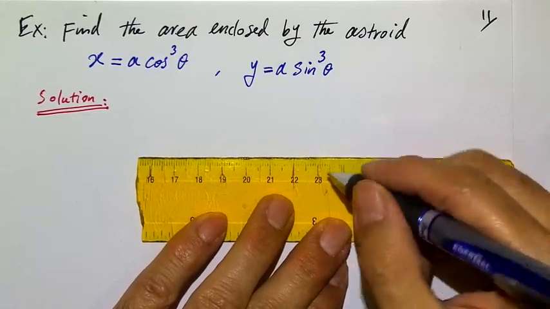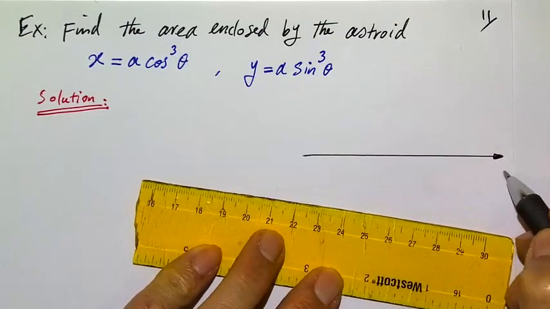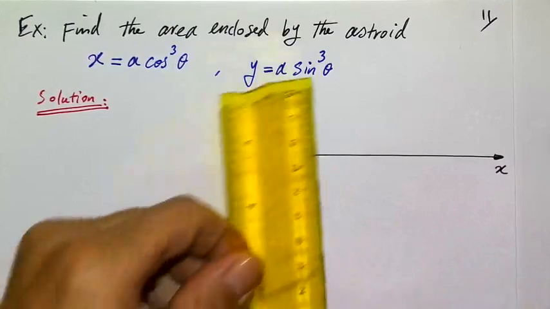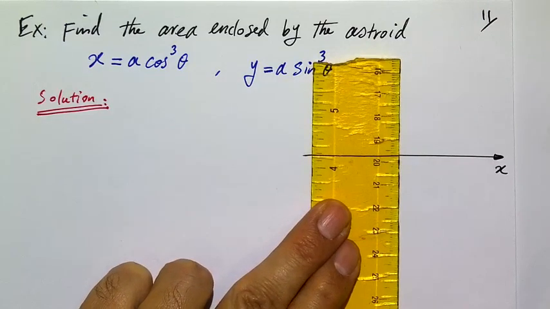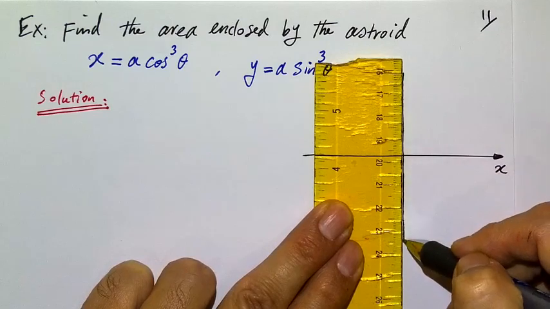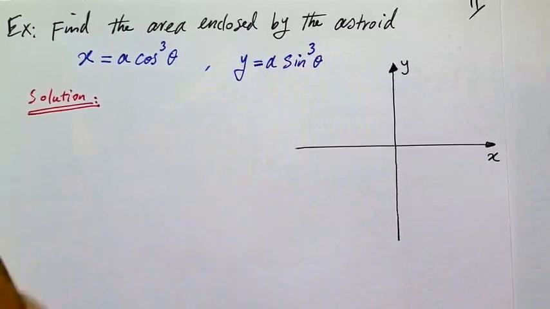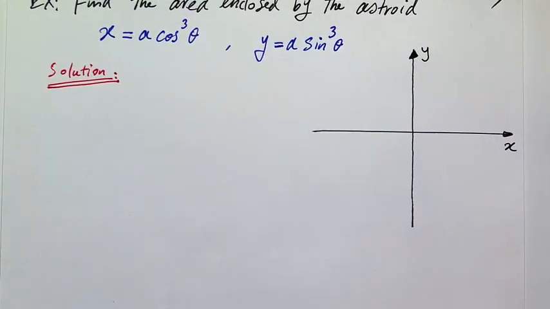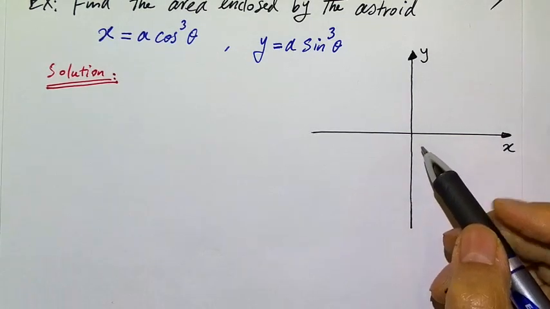I'm just going to draw a basic small graph here, something we can use as a reference, that's all. So we have x and then y. So an asteroid looks like, it's a very symmetric shape or figure.